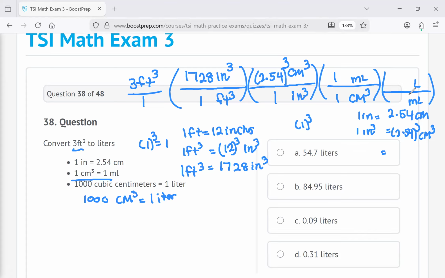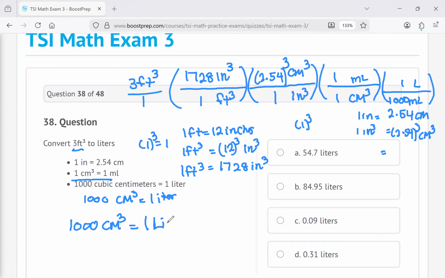What is the relationship between liters and milliliters? Well, I think that 1 liter is 1,000 milliliters. Let me double check. Oh, we don't even have to do that. Look here, 1,000 centimeters cubed, or 1,000 cm to the third power, is equal to 1 liter.